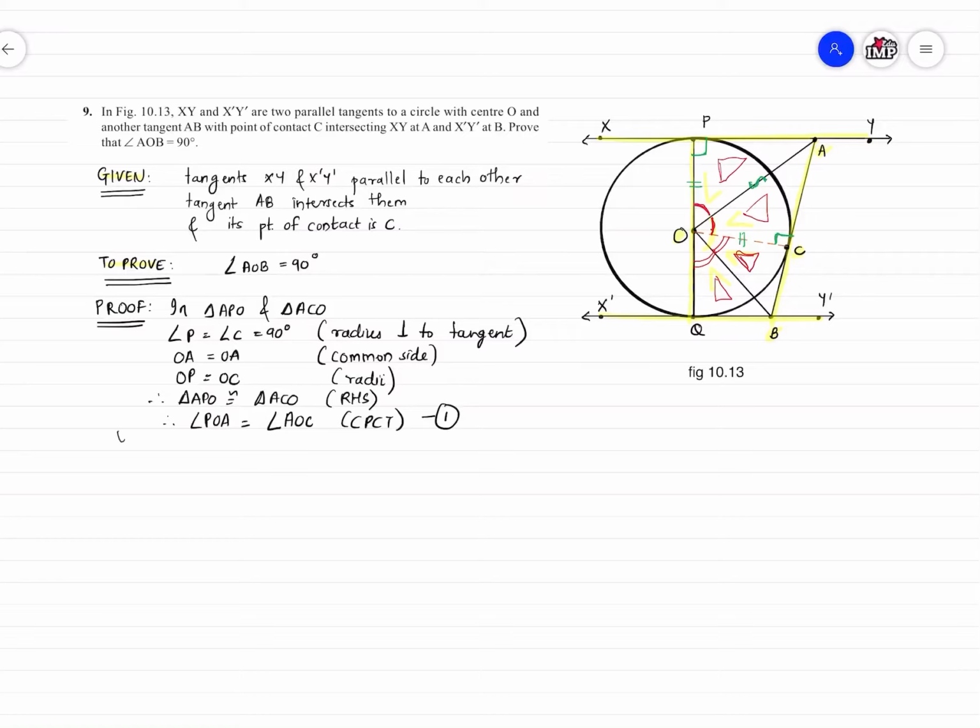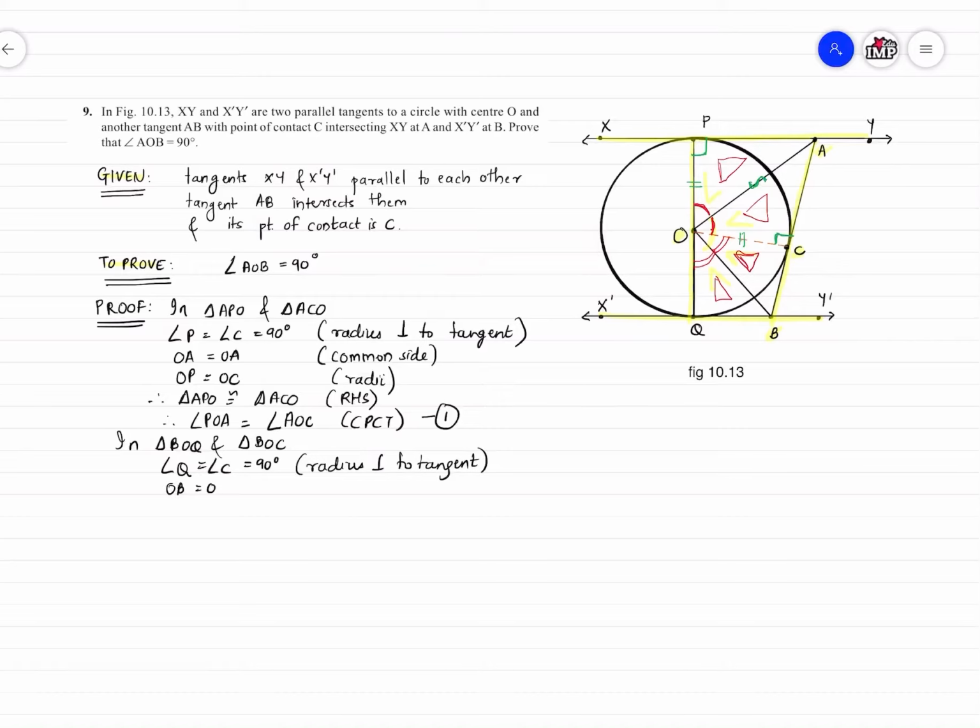Now let's prove the next pair of triangles, BOQ and triangle BOC. Angle Q is equal to angle C is equal to 90. Why? Radius perpendicular to tangent, that is theorem 10.1.